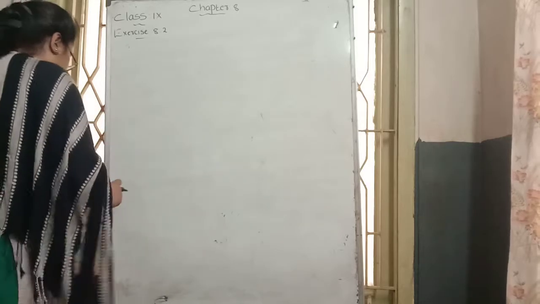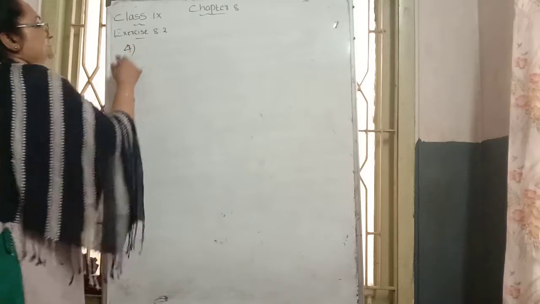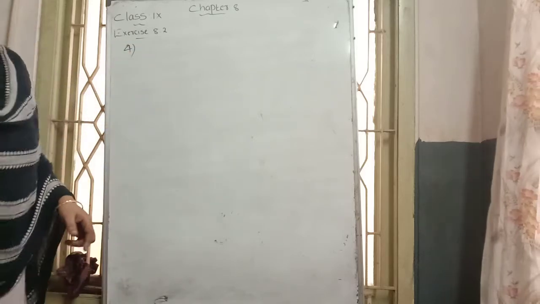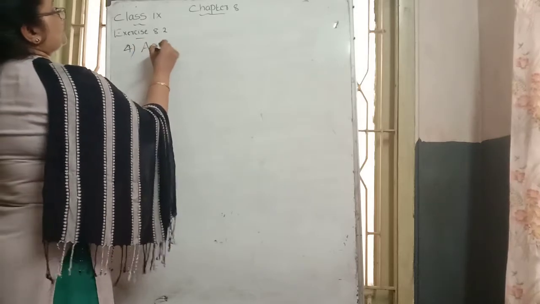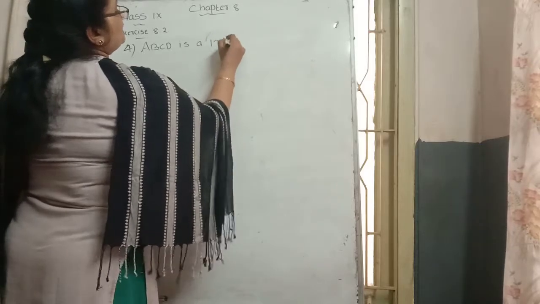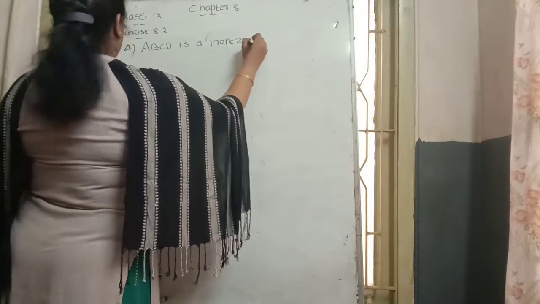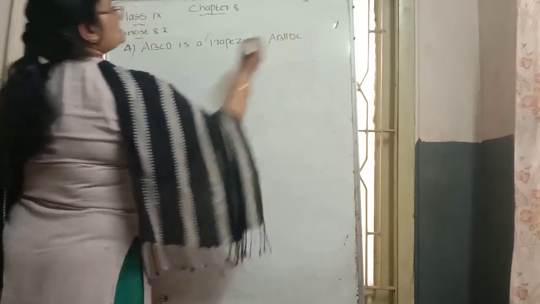Next, one more question. The fourth question says ABCD is a trapezium shape. They have given that the AB side is parallel to the DC side.